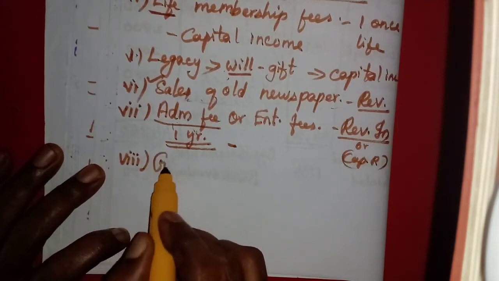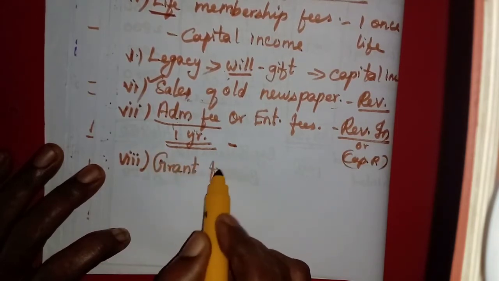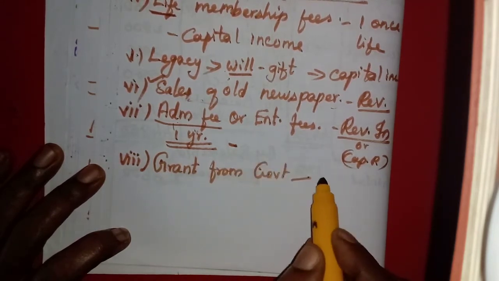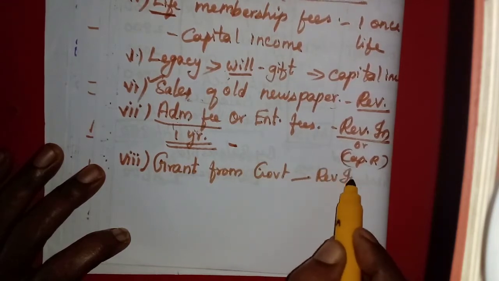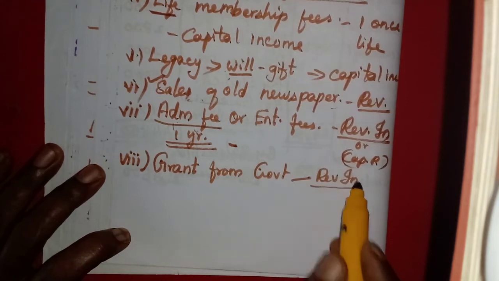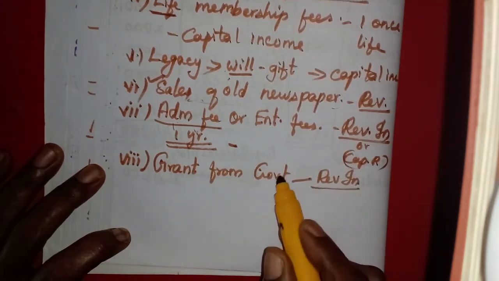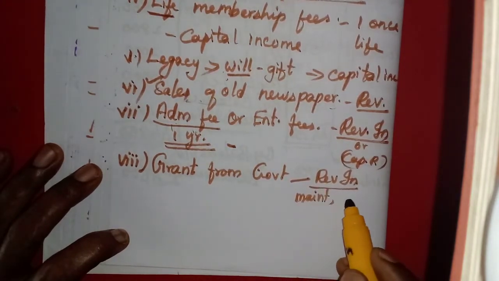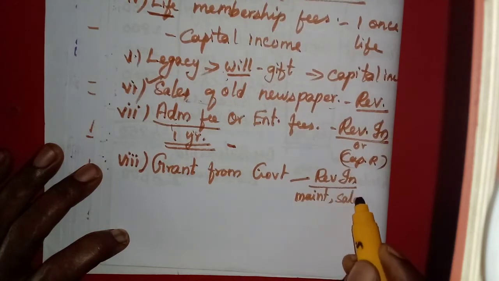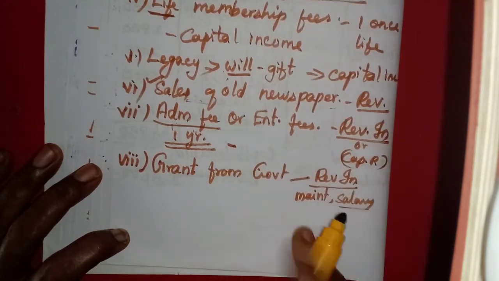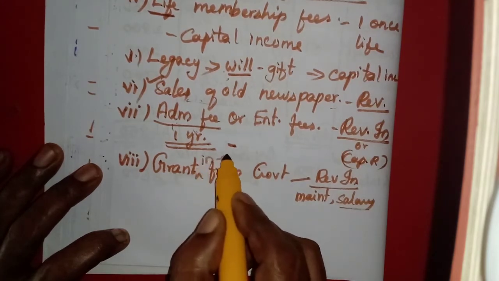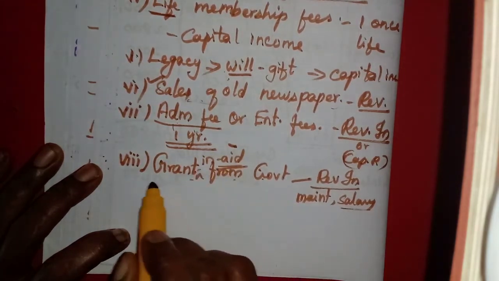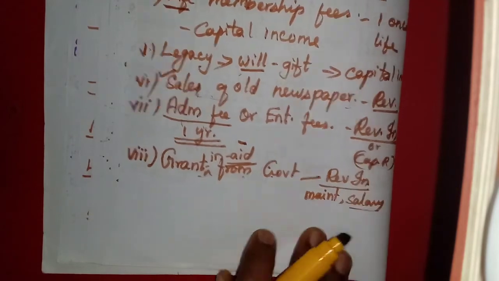Then eighth one, grant from government and other organization. Here, this also will be considered as both. It is revenue income when this grant is given by the government for maintenance purpose of the organization or for paying salary for the staff. Some of the schools you might have heard, aided school. The correct word is grant in aid, that is why we call it aided school.